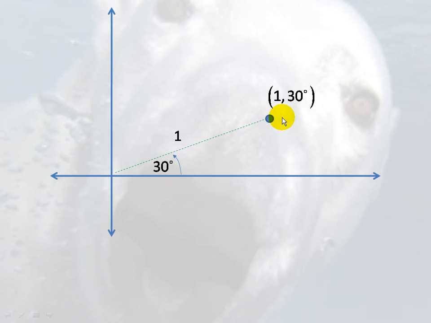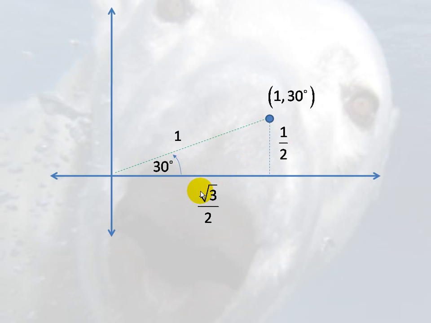I want to just drop a segment down here such that it's perpendicular to this axis. And what has happened now is we have a 30, 60, 90 triangle formed. That's good because that triangle has some interesting properties. One is we know that the side opposite the 30-degree angle is 1/2 the hypotenuse, and the side opposite the 60-degree angle is 1/2 the hypotenuse times the square root of 3.